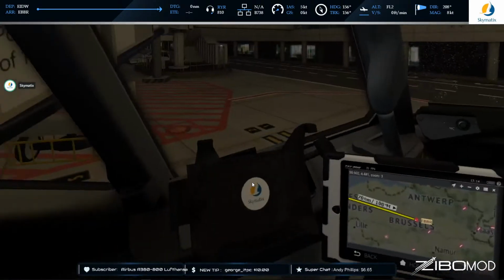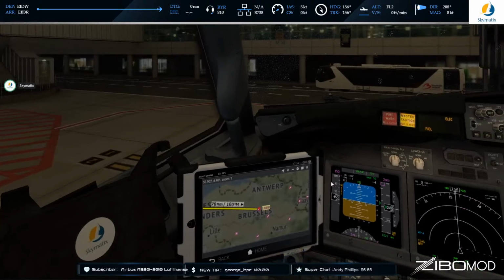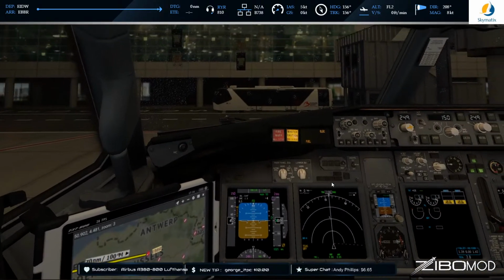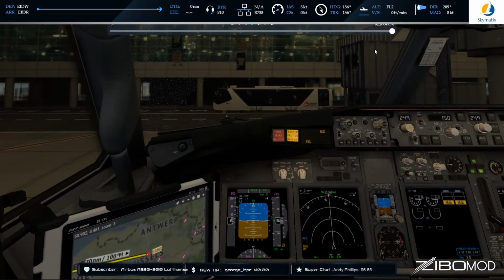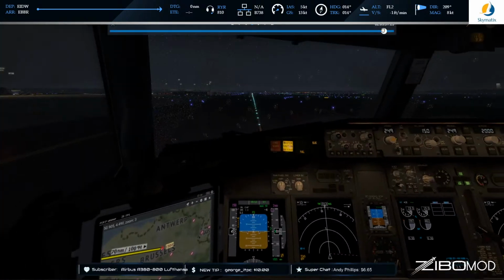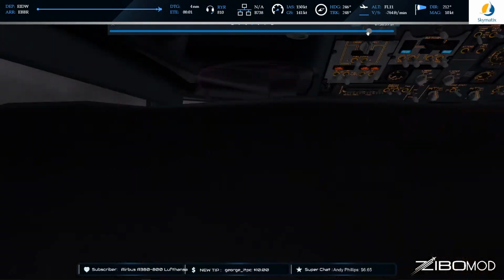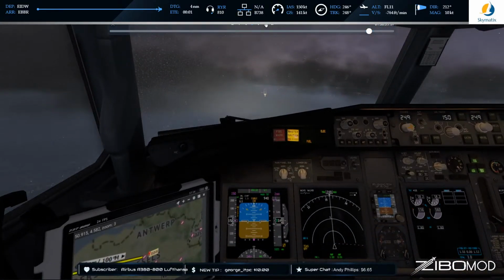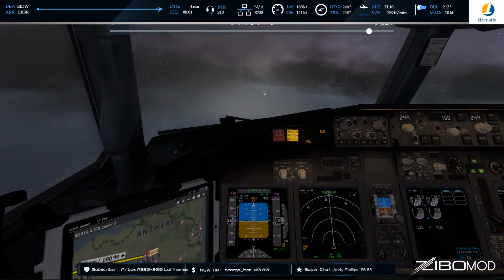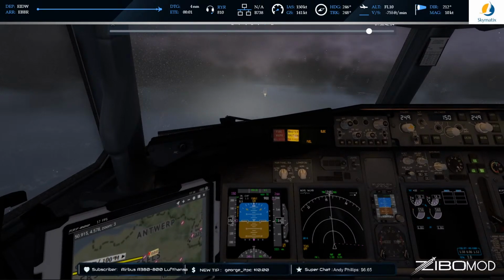Right, I failed my flight. I've disconnected, so... Flaps stabilized, altitude set.